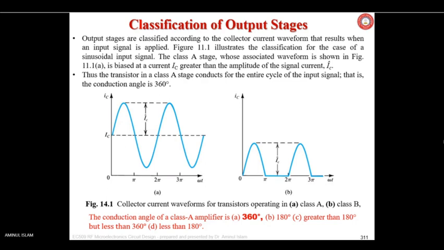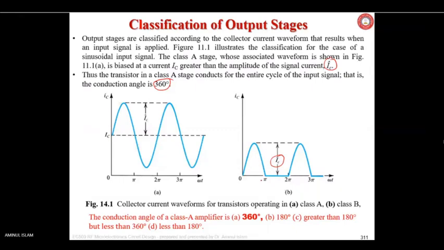Signal current is a notation you try to see; it is a little different, taken from another book. Thus, the transistor in a class A stage conducts for the entire cycle of the input signal. That is, the conduction angle is 360 degrees.